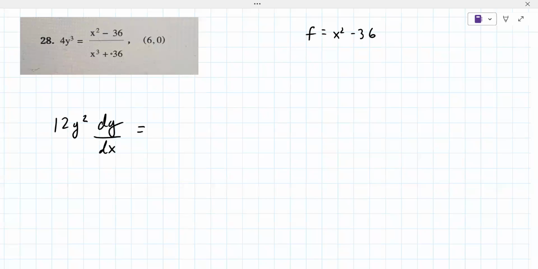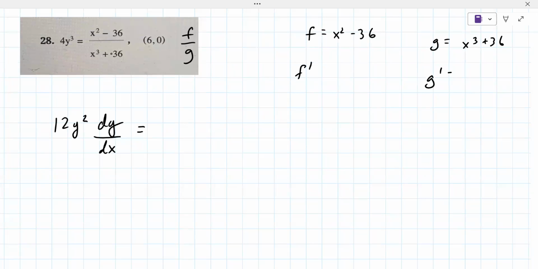So on the left, the derivative is 12y squared dy/dx, like that. On the right, it's quotient rule. So you have to say, okay, f is x squared minus 36, f over g. g is x cubed plus 36.